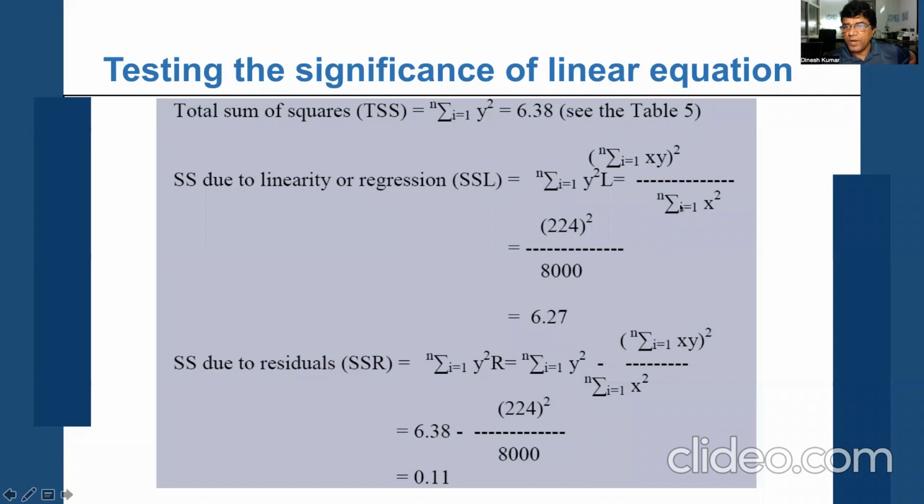So you see this formula is here. So you can put 6.38 as the total sum of square, this 6.38 minus 224 whole square divided by 8,000. The same thing. You subtract it and you get 0.11 as the value of sum of square due to error or sum of square due to residual. Is it okay?